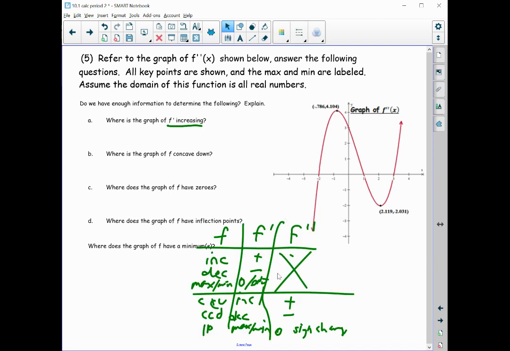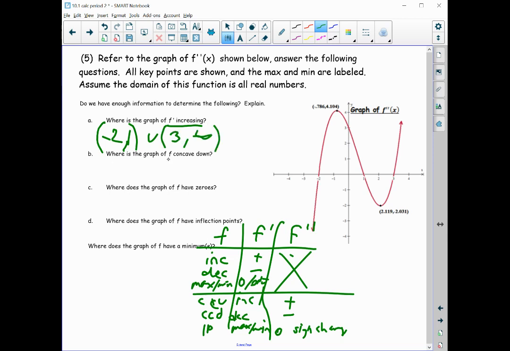Okay, so if I want to know where F prime is increasing, that means F double prime would be positive. So can I tell that from this graph? Yes, it's positive from -2 to 1, and then from 3 to infinity.